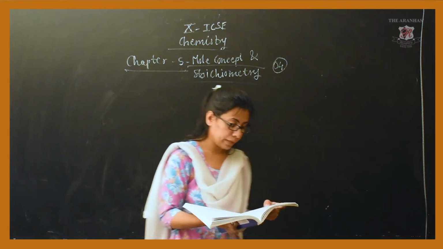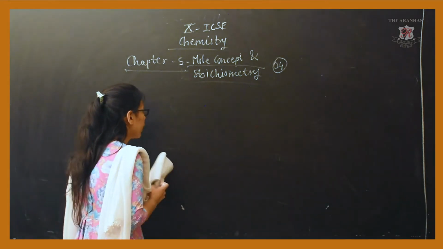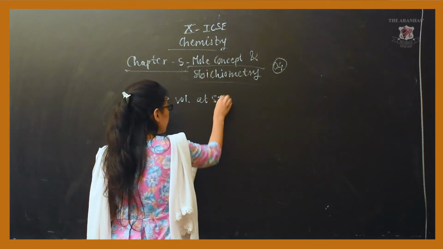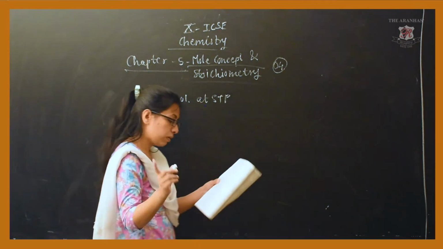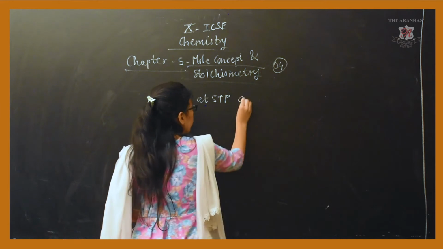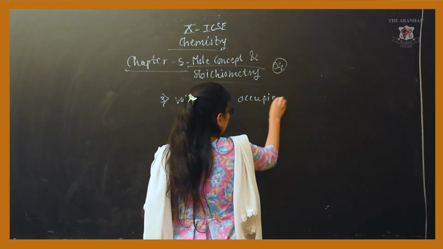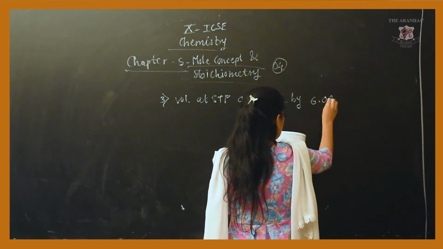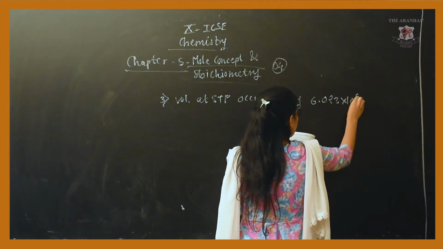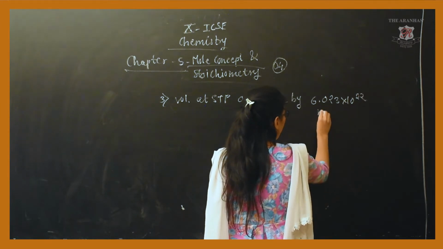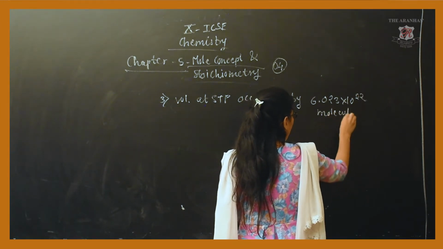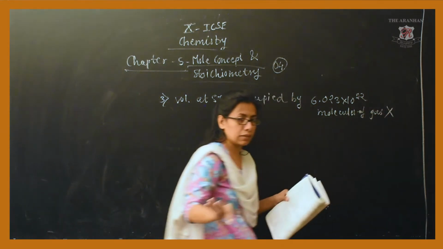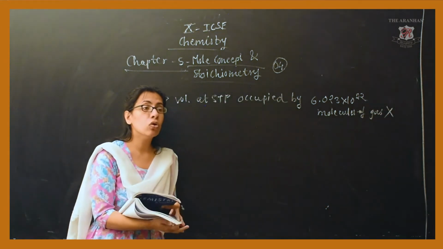Here they have asked us to calculate the volume, again at the same conditions, STP, which is occupied by 6.023 into 10 raised to 22 molecules of gas X. This is an unknown gas.